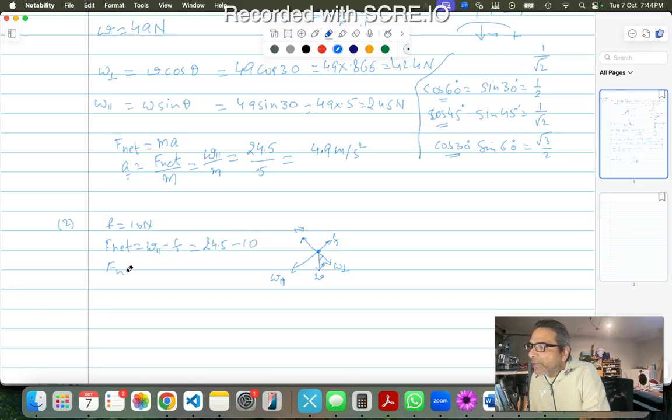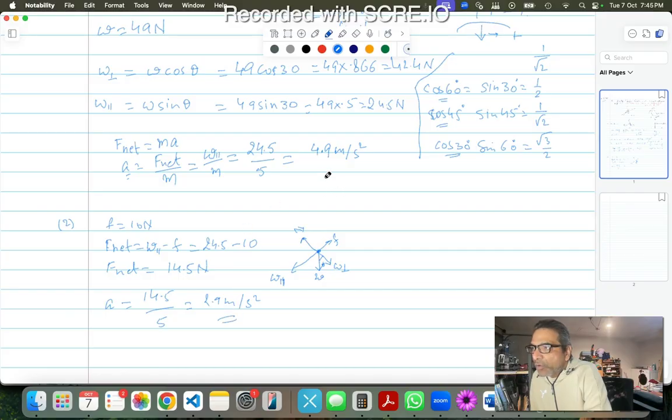So F net is going to be 14.5 Newton, right? Therefore, the acceleration will be reduced to 14.5 over 5, which gives us 2.9 meters per second squared.